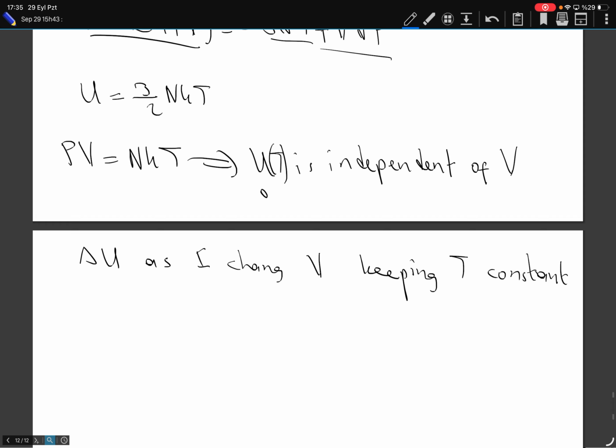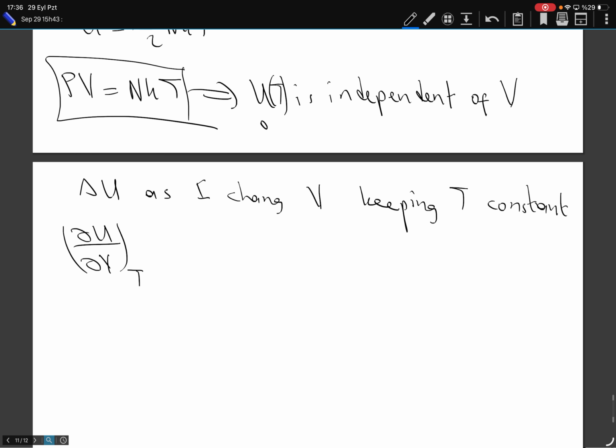But you see, this is nothing but the derivative of U with respect to V at constant temperature. If internal energy depends only on temperature and not on V, then this should be 0. So basically, my question is whether this derivative is 0 or not for a system that satisfies this equation of state.